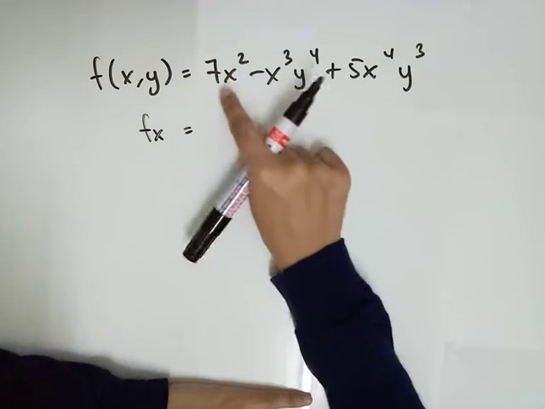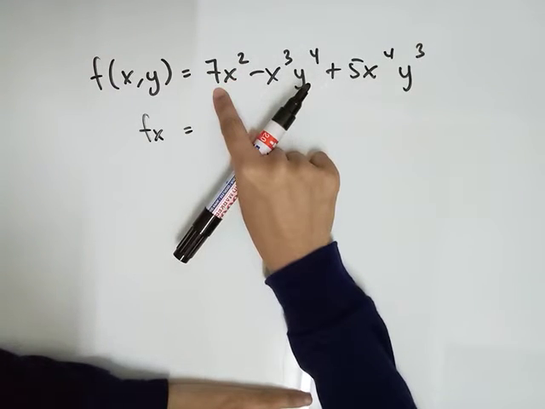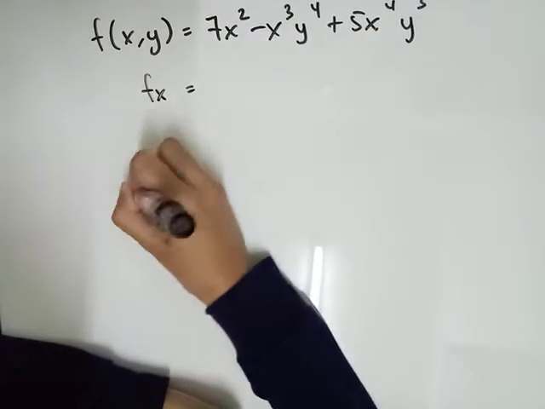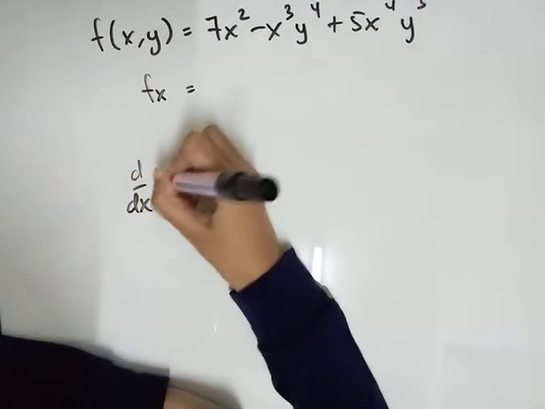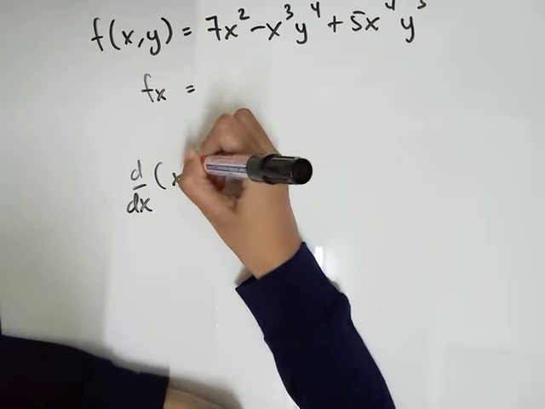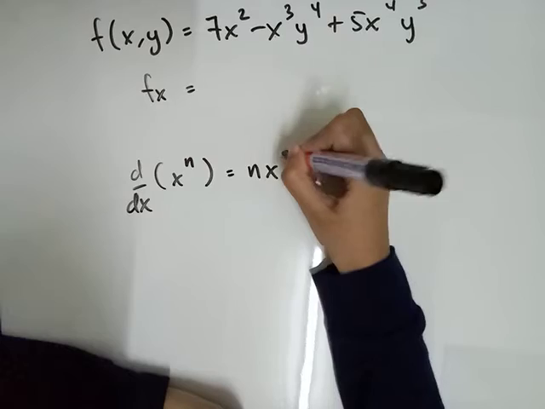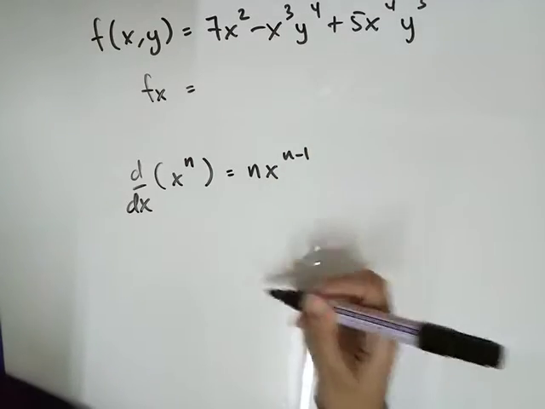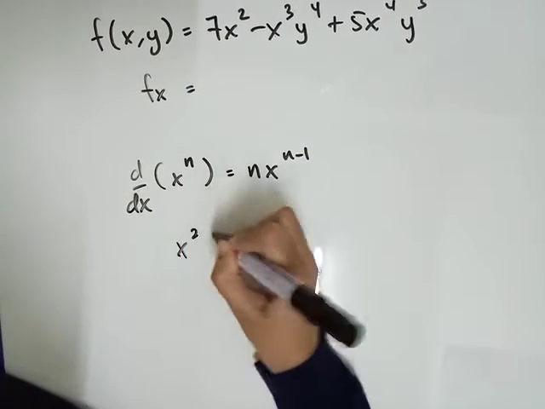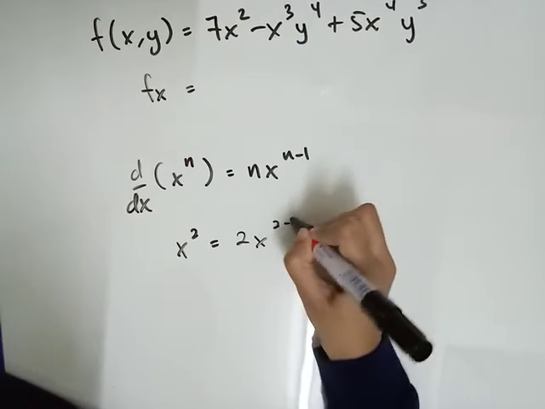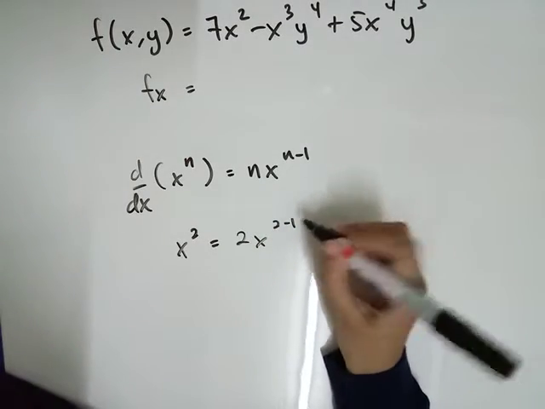Okay, let's recall how to differentiate. If some of you have forgotten, when we differentiate x power n, it will become nx power n minus 1. So when we differentiate x squared, it will become 2x, because 2 minus 1 is 1, right?